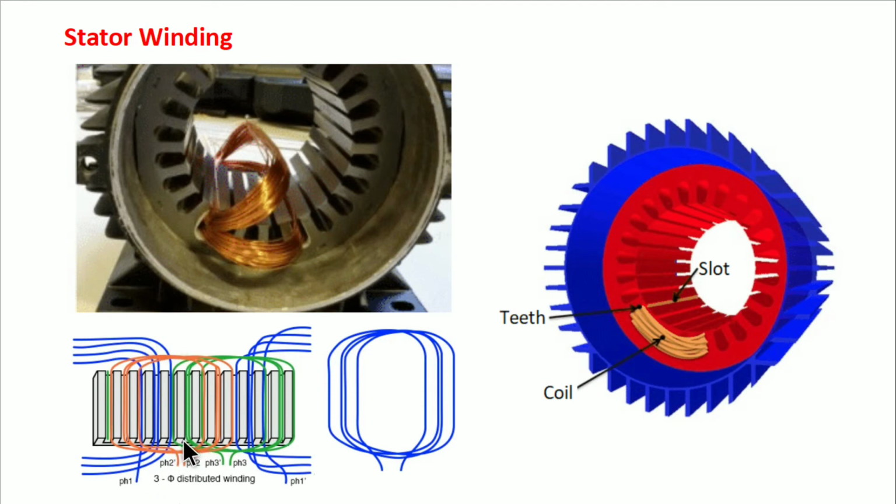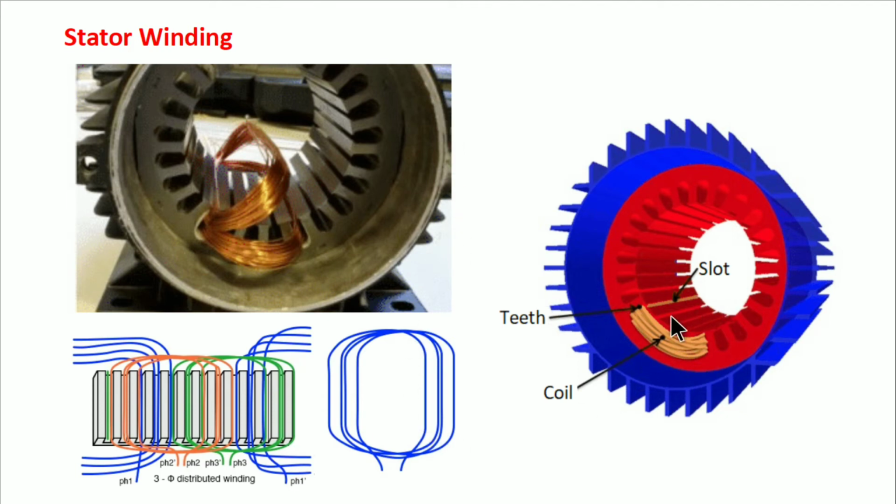The second phase, which is green here, will start 120 degree from this point and will be repeated in the same way as the first phase. Then the blue phase will start after 240 degree angle from the first. So like this, two ends of phase 1, two ends of phase 2, two ends of phase 3 are taken out to the terminal block for connections of the motor to the supply.